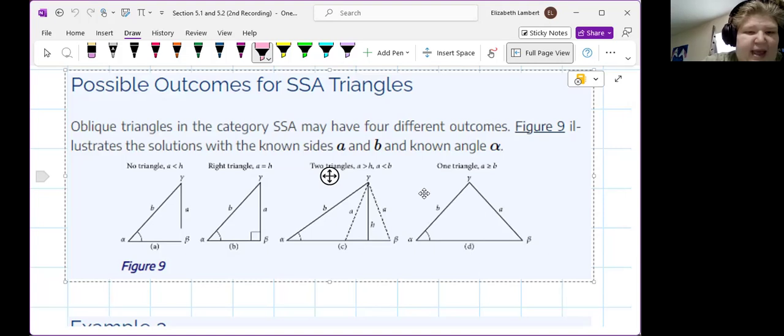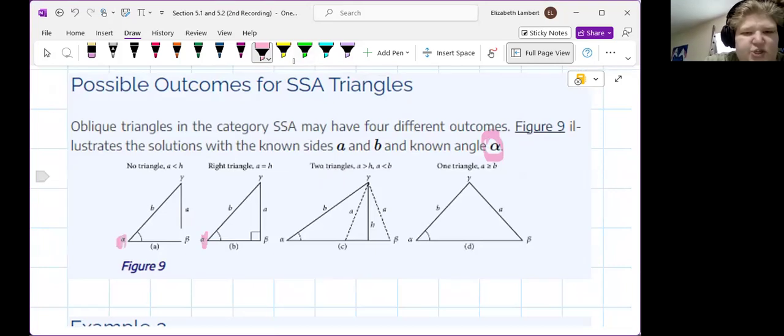So I have my angle alpha, and in all of these triangles, they put alpha here on the bottom left. Then I have two known sides. A, which has to go opposite alpha because of our triangle correspondence, and it shows up twice there.